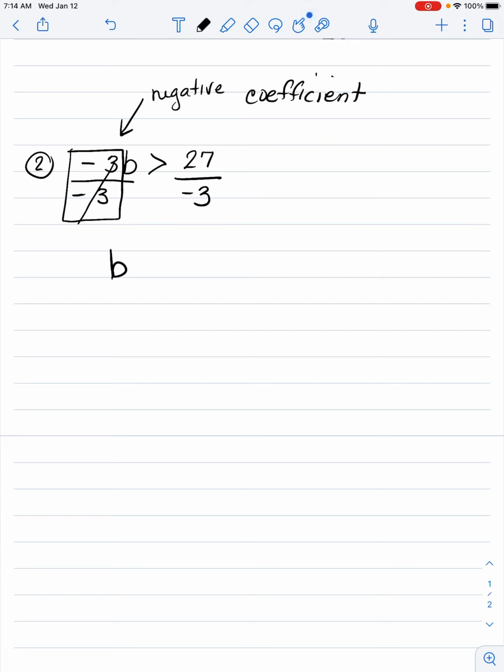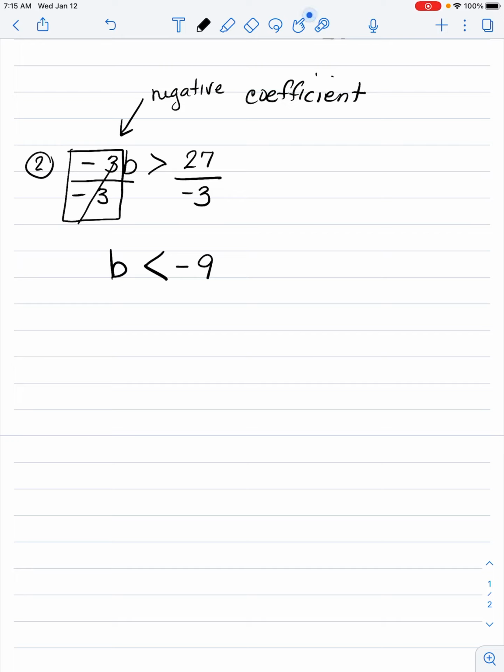So instead of is greater than, I am going to have it become is less than. 27 divided by negative 3 would be negative 9. Okay, and the reason that we do that is, remember, when we go to the negative side of the number line, our numbers are symmetrical. They're a mirror image. And so we're using kind of the mirror image of the is greater than sign.